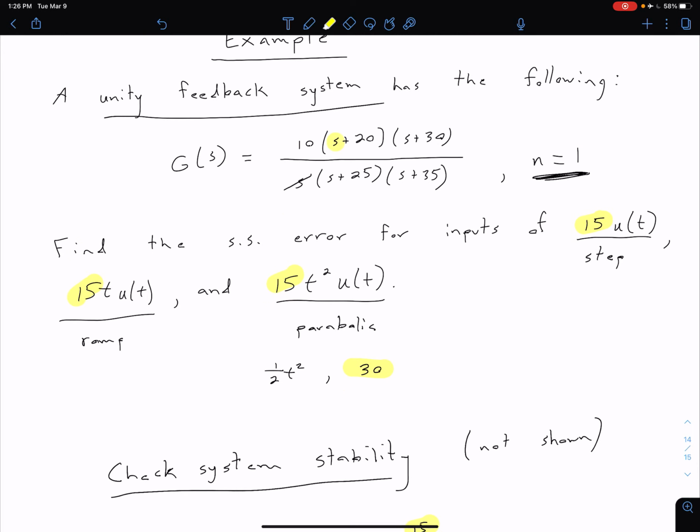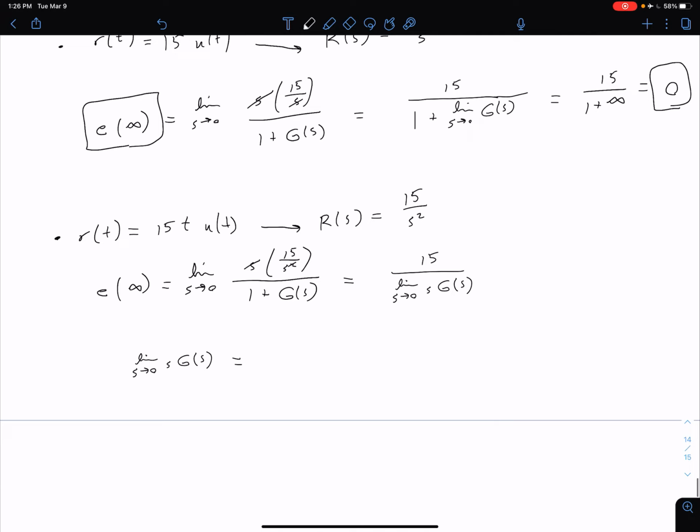Now the four s's go to 0, which means we're left with 10 times 20 times 30 in the numerator and 25 times 35 in the denominator. So as expected, we get some finite number. 10, 20, 30 divided by 25 times 35 is approximately 6.857.